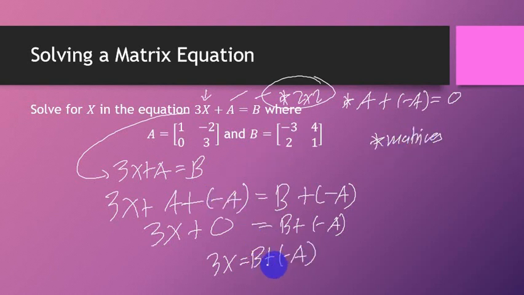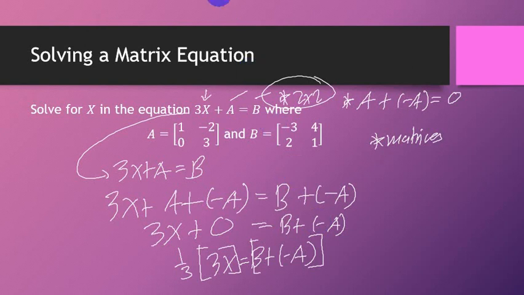So now here, at this point, usually we would divide by 3. However, we haven't defined any division with scalars. But we have defined rather scalar multiplication. That means I can multiply this by 1/3, and 1/3 times 3 is 1, which cancels it. And I can do the same for the right side. I should write it here on the other side.